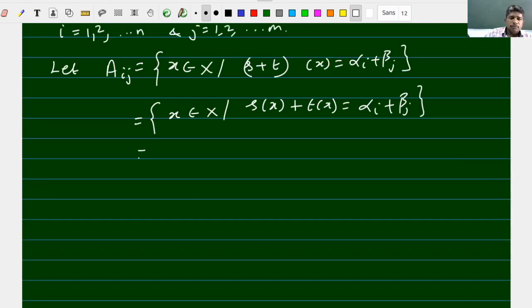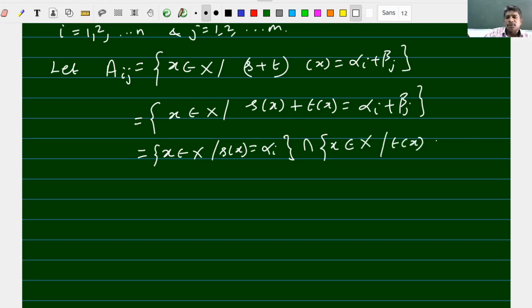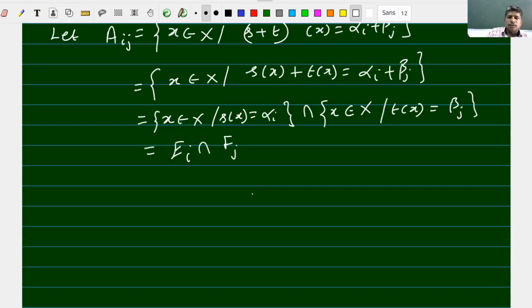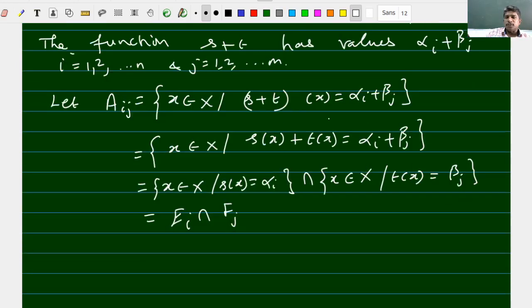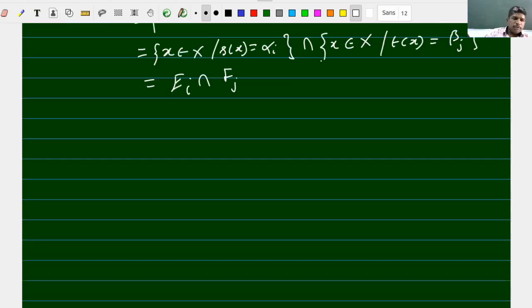Since s of x only assumes alpha i values, this is the set of all x such that s of x equals alpha i, intersected with the set of all x in X such that t of x equals beta j. So this is E i intersection F j. This is the inverse image of alpha i plus beta j under the function s plus t.